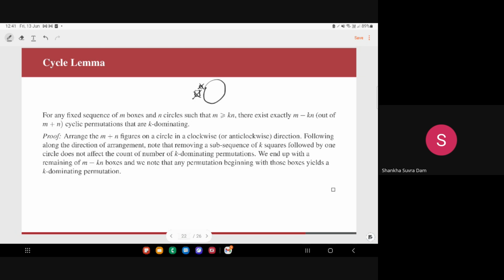We end up with m minus kn boxes, and these are precisely the permutations that begin with the box and yield a k dominating permutation. So basically now the probability of, if all arrangements are feasible, then the probability of having a k dominating permutation would be this. And the number of ways of arranging it would be, and this is exactly what we want.